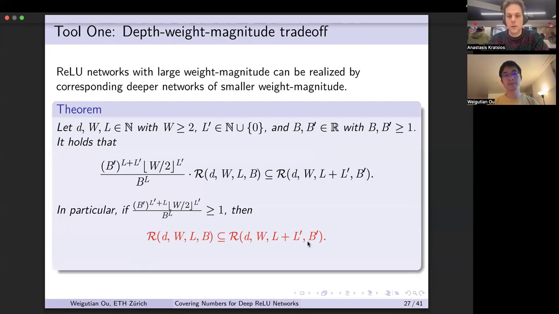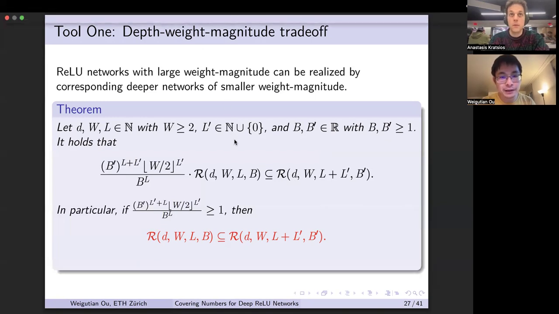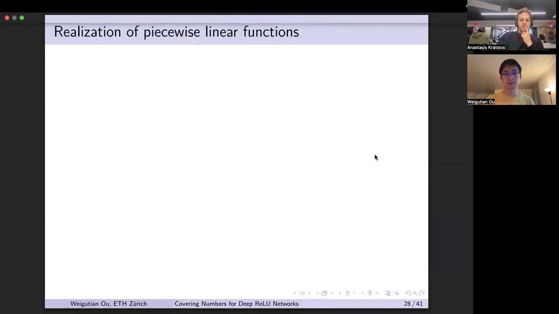If B prime is much smaller than B, then we may use the second inclusion. I see. Also, there's a question in the comments with a similar flavor: how large must L prime be? L prime can be anything, and it only has to be a non-negative number. Thanks. You're welcome. So this is the first tool.